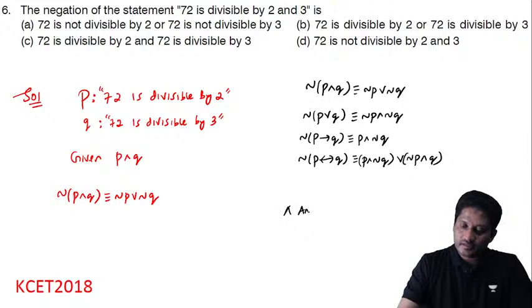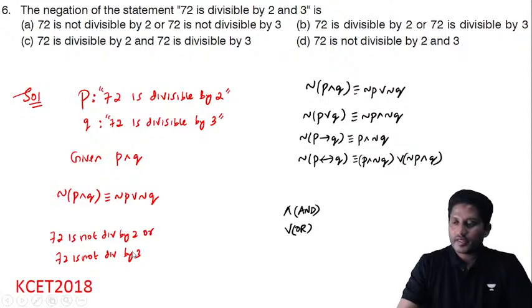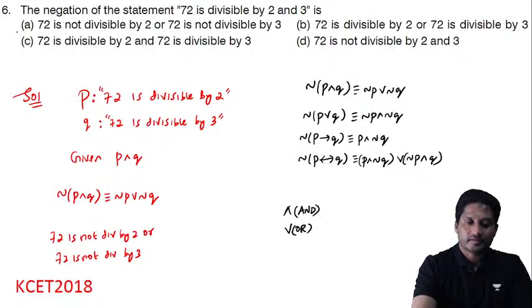Negation of this is 72 is not divisible by 2, disjunction is or, 72 is not divisible by 3. Right, now answer is option E. Let's move to the next question.